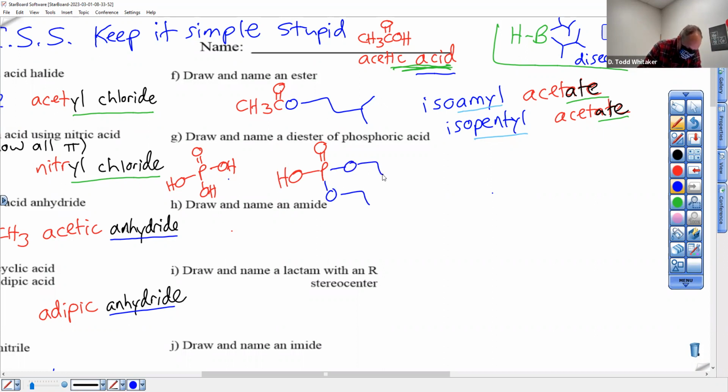The blue groups? Okay. Ethyl phosphate, but you've got to tell me how many ethyls there are this time. 2, yeah. So I'm just doing the system here. And you put a di in front. It doesn't mean it's a diethyl group, right? There's no such thing. There's 2 ethyl groups on a phosphate.